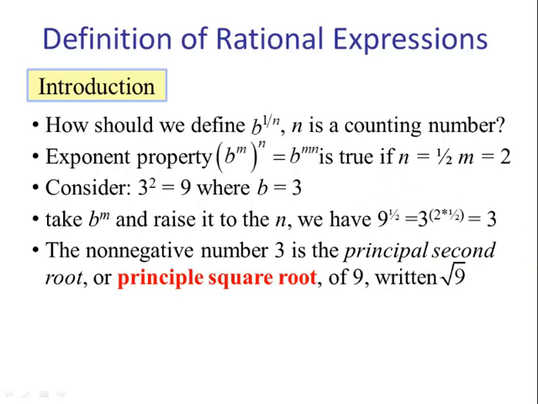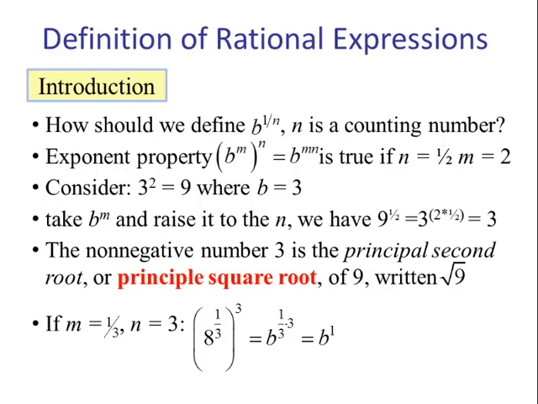Let's do another illustration. If m is equal to 1/3 and n is equal to 3, we can take 8, raise it to the m power, and raise that number to the n power. We have 8 to the 1/3 raised to the 3rd power. Well, we can think of that as b raised to the 1/3 times 3 power.